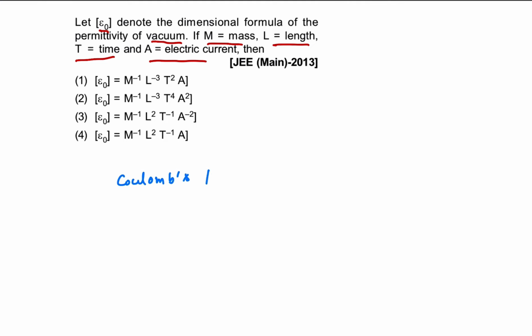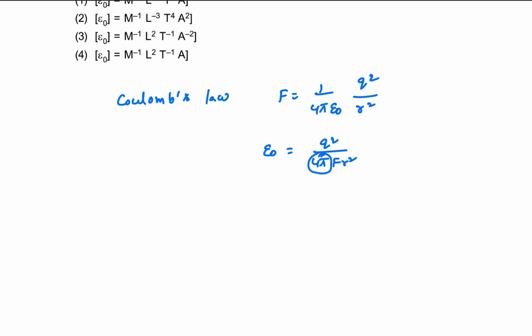As you know, in Coulomb's law, the force between two charges is 1 by 4 pi epsilon naught q1 q2, I am writing like a q square, divided by r square. From this you can write epsilon naught is equal to q square divided by 4 pi f r square. As 4 pi is a number, it will not have any dimension. Q will have dimension, fr will have dimension. I am writing now.